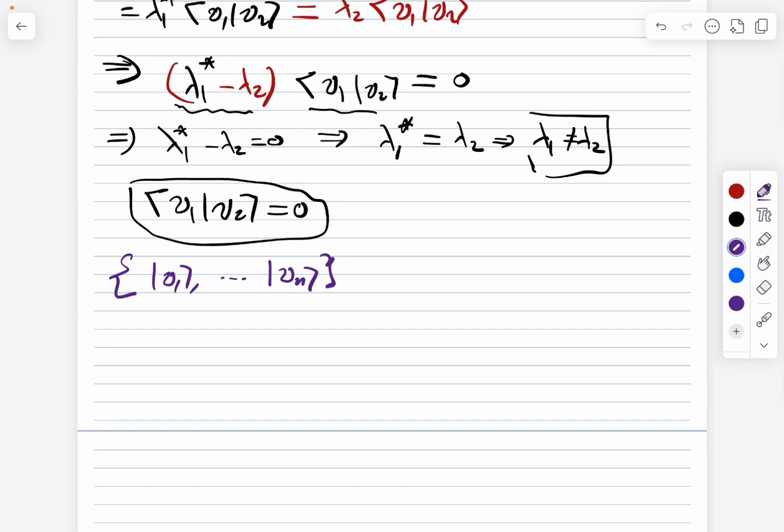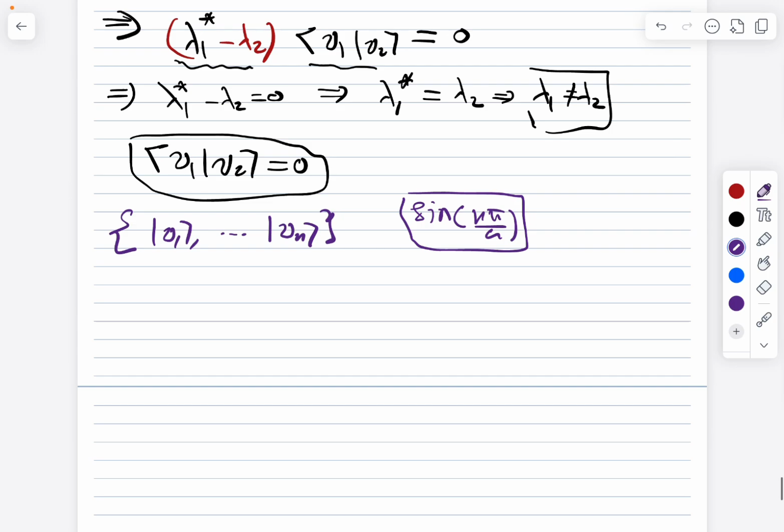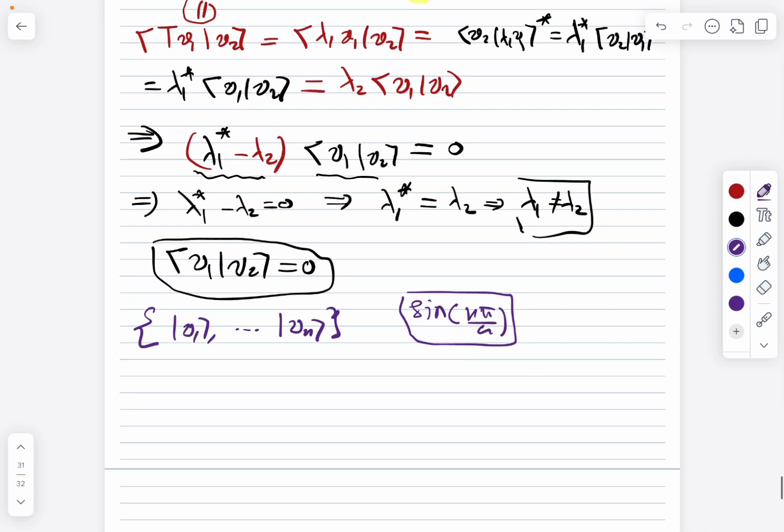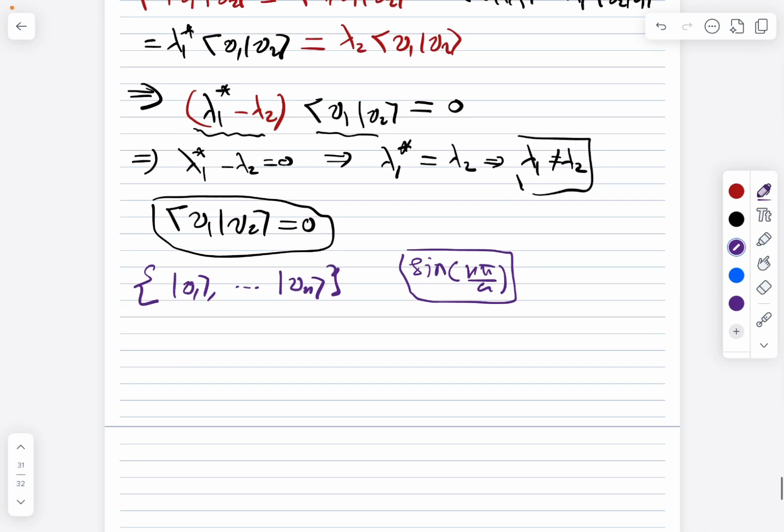In the infinite square well, we have sine of n pi x over a or something like this. So these are different eigenvectors. So this theorem guarantees that if they have different eigenvalues, they are orthogonal. So this is a mathematical way to show that these indeed must be orthogonal.